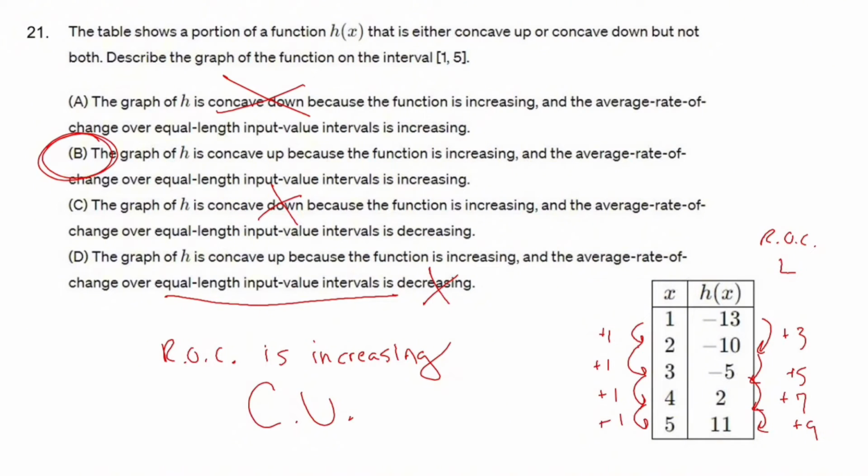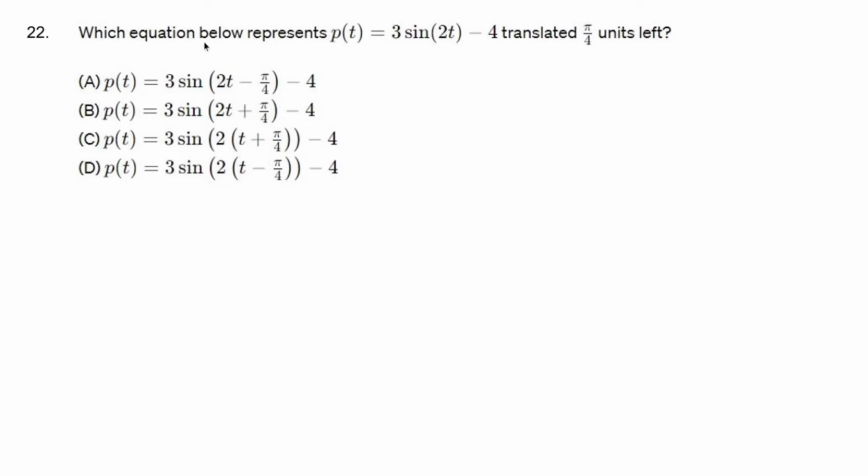Which equation below represents P of t equals 3 sine 2t minus 4, translated pi over 4 units left? All right, well, I'm going to compare this to the regular old sinusoidal form. So we have sine, we have parentheses b, in this case it's t, so t minus c, close it, minus 4.